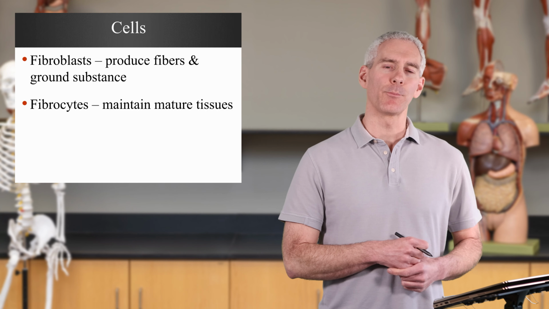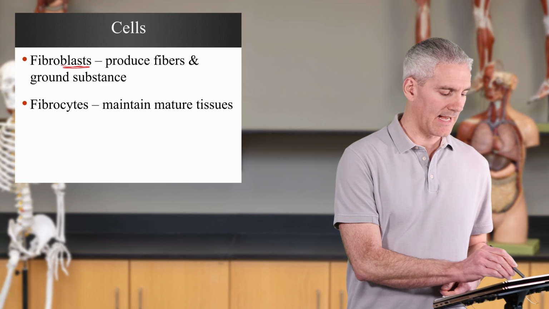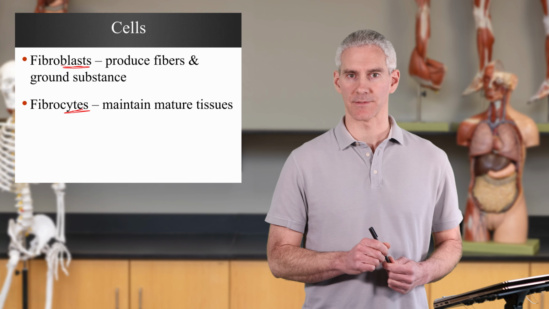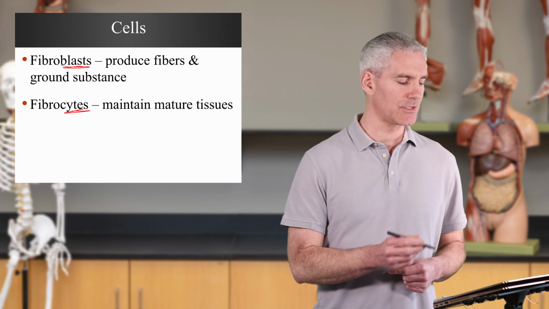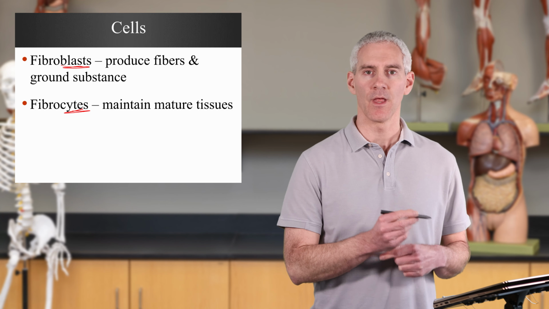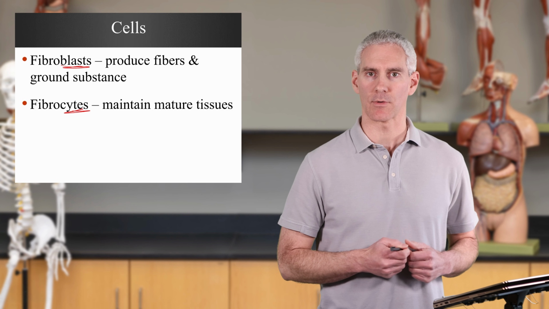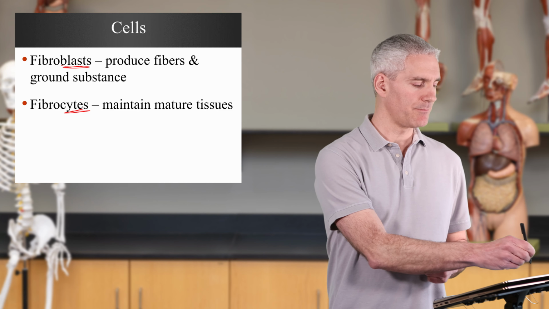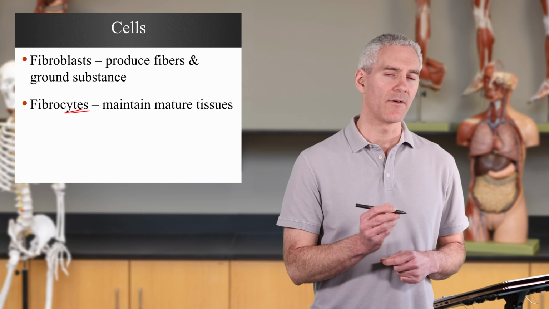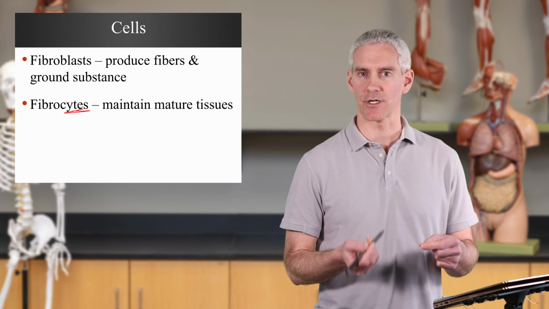Cell-wise, we have fibroblast and fibrocyte. Now, the end of the word, blast and cyte, becomes important. Fibroblast, the blast tells you they are immature. They're forming, they're making the fibers, they're making the ground substance. So fibroblast is making or producing. Fibrocyte, C-Y-T-E, cyte is mature.